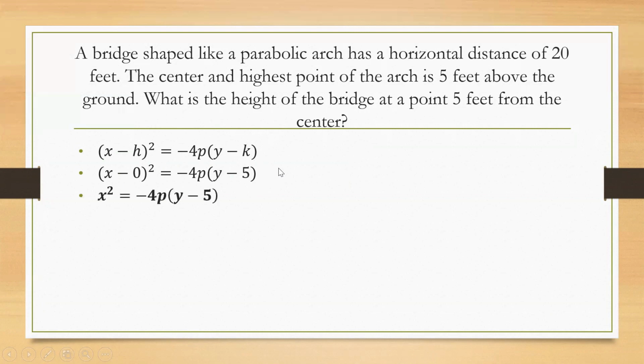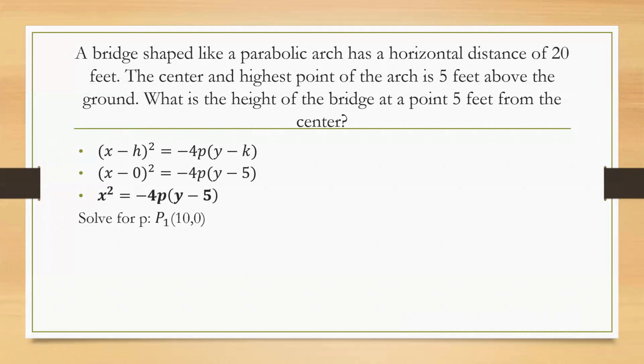For that, we simplify to get x squared equals -4p (y minus 5). It is -4p so that the parabola opens downward. That creates an arc. Now, let us solve for p.